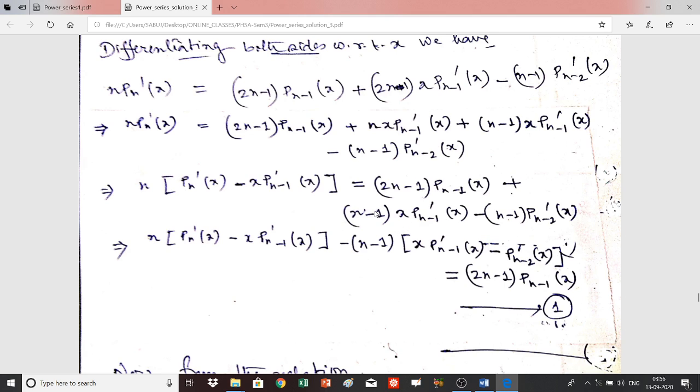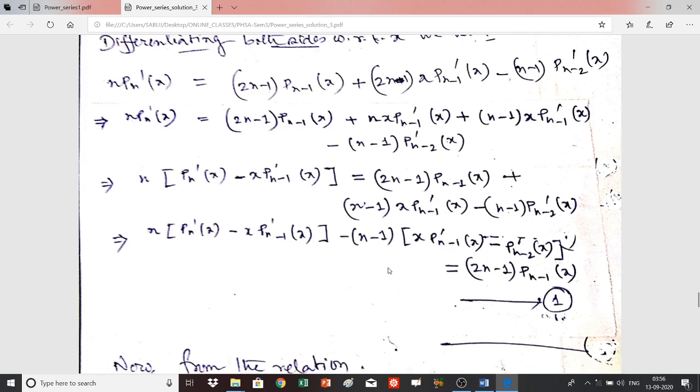From these two terms, n minus 1 is a common term, and if you take this towards the left hand side, then it will be minus of n minus 1. So the other terms will be x into P(n-1) prime x, and from here with the negative sign P(n-2) prime x, and that is equal to the residual part, that is (2n minus 1) P(n-1) x. I write it as equation number 1.